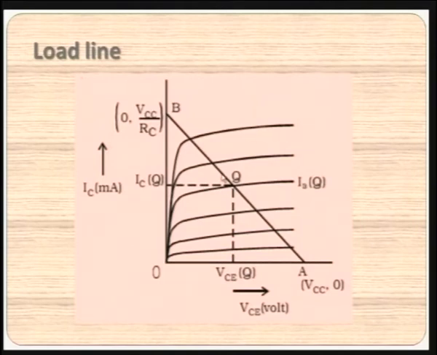After fixing the Q point, we have three important values: IB at Q, VCE at Q, and IC at Q. So, the changes in the output voltage will happen around this VCEQ, and similarly the current will also be varying around this IC. It is done for a particular IB, so the IB should also be varying around this value. Once we fix this Q value, we should ensure the input is given in this range.